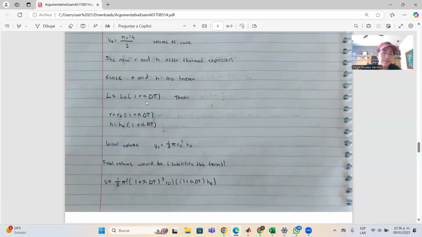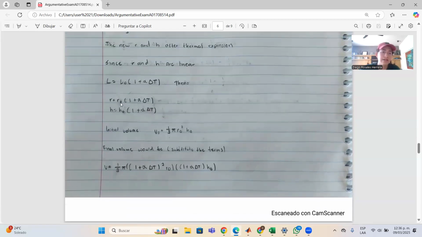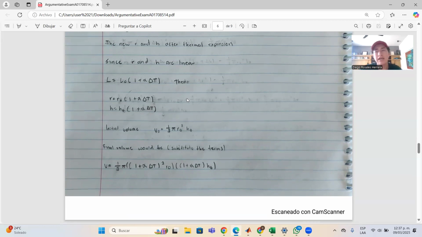So I created both of these equations, which is R equals R0 times 1 plus alpha delta T. And I got both of these equations with the equation of linear expansion, which is L equals L0 plus delta L. I just rearranged it to get this equation.